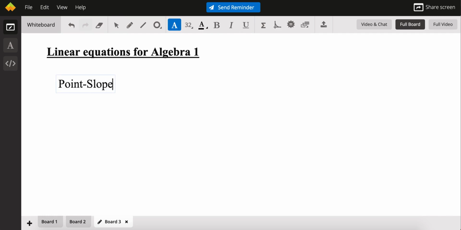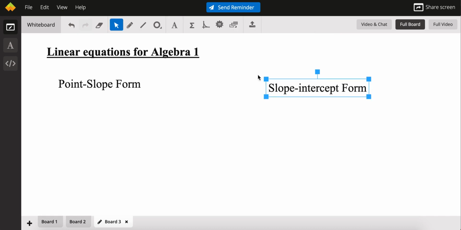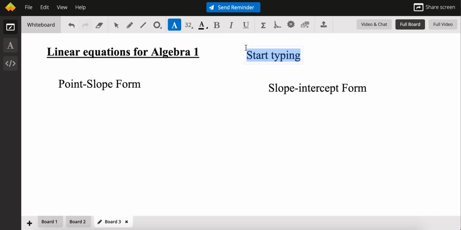Which means you're given a point with its slope. And then you have slope-intercept form, where you're given the slope and the intercept. Now, no matter what happens, you can always use the slope formula, right?